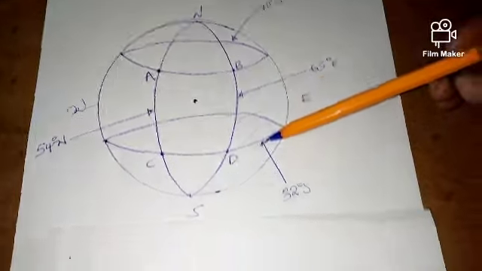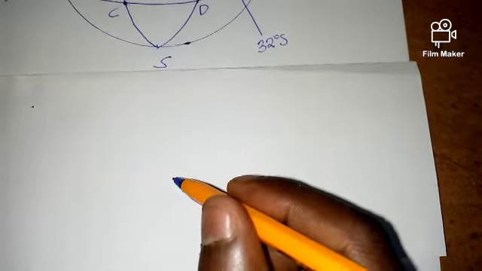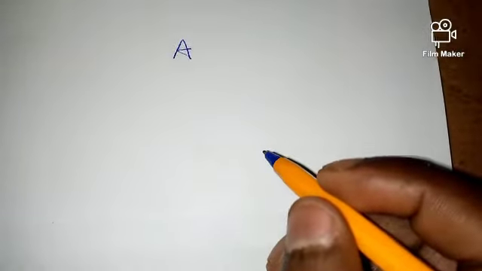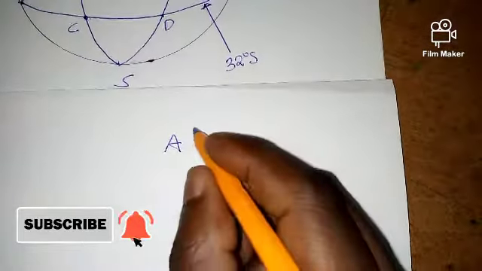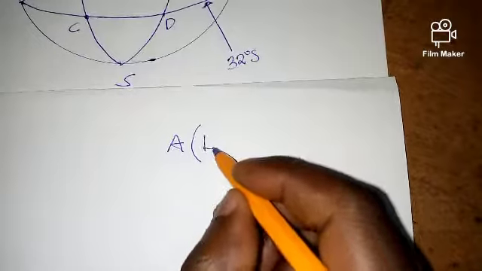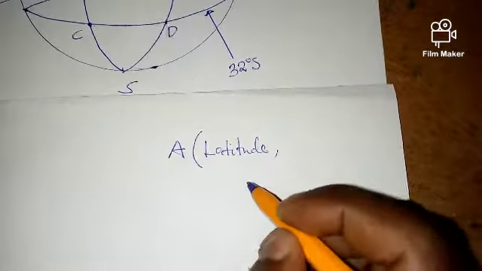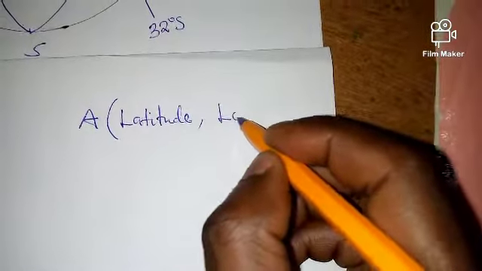Okay, now I want to give you a quick basic on how you easily locate a town or a point on the Earth's surface when you've been asked to. The first thing you have to do is identify the point that you are locating. So in this case, if we are locating point A, you write point A, you open bracket, then you start by reading or naming the latitude, comma, then you get the longitude.